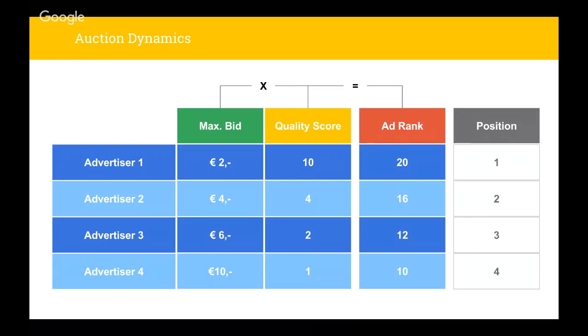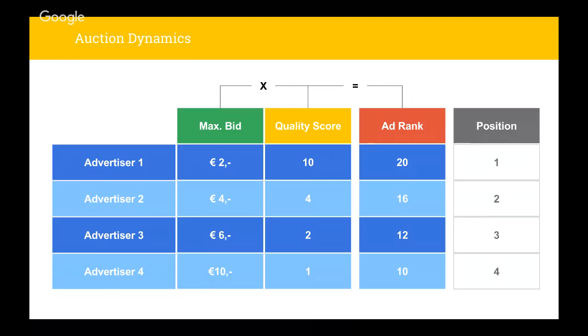So in this case, I'm willing to pay as an advertiser €2 in this particular auction. We're not going to go too deep into how you determine the level of your bid, but it's saying to Google, no matter what happens, I'm not going to pay more than €2. So you enter that into AdWords, then there's the quality score, and it gives you an ad rank of 20 in this case.